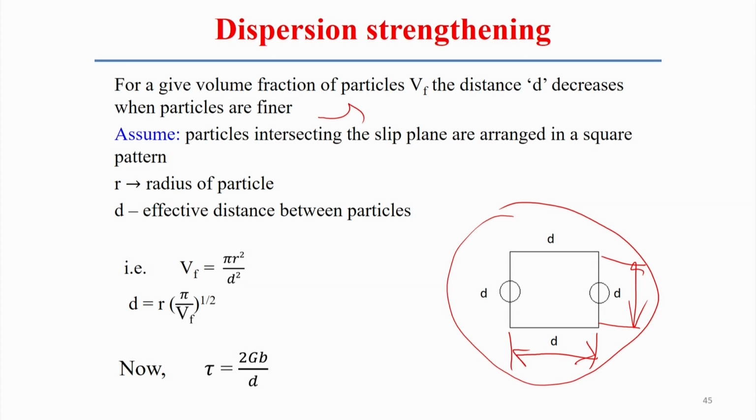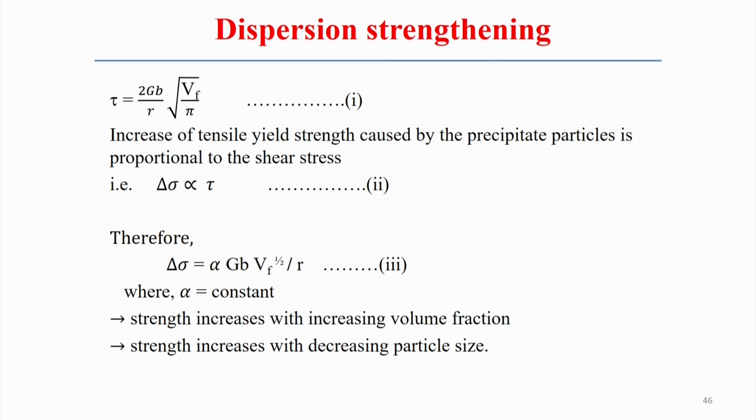So here you can find d in terms of the volume fraction, and once we find that, in that case we can use the shear stress equal to 2Gb/D, and by using this equation we can further find the shear stress in terms of the volume fraction, shear modulus, Burgers vector, and particle size.